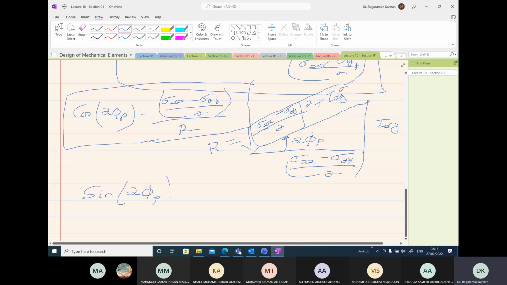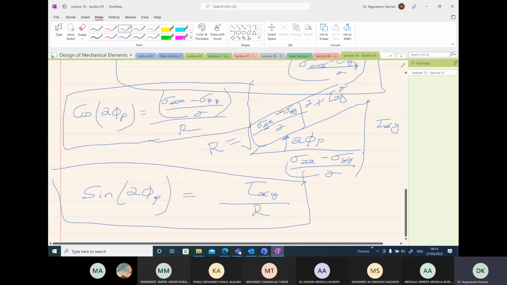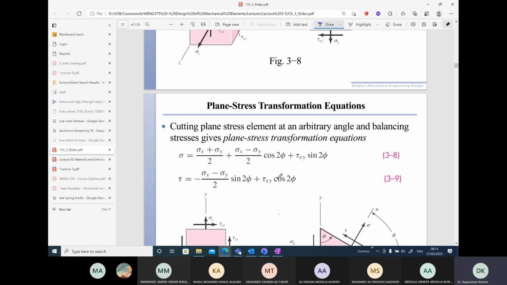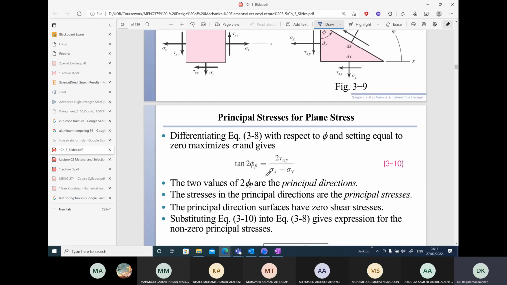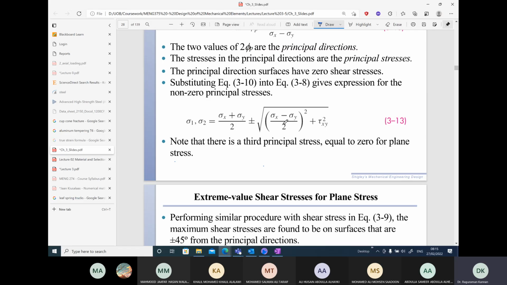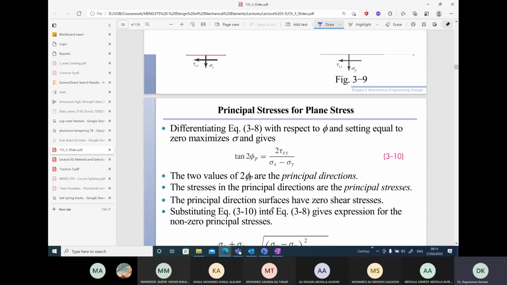Then we can also get sine of 2 phi p. We get tau xy over r. Take these values, substitute back into the equations originally here, and you will see that you are going to get this formula back. Okay, exactly this formula you will get.